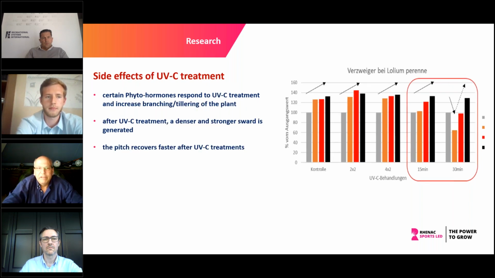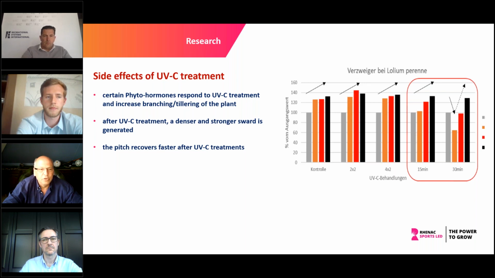We also have some side effects of the UVC treatment. It will react on phytohormones, and I touched on that in the previous presentation. Typically with blue light, that actually stops the work of a plant hormone called auxin, and auxin is typically a hormone that wants to create lengthening of the leaf.